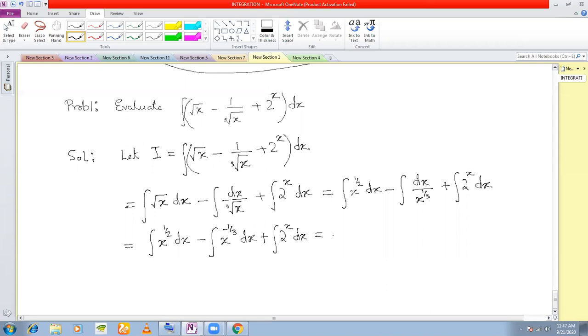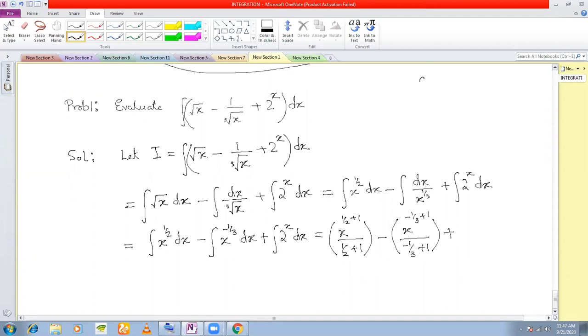Integration of x to the power of half is x to the power of half plus 1 by half plus 1, because the integration of x to the power of n is x to the power of n plus 1 by n plus 1. Minus integration of x to the power of minus 1/3 is similarly x to the power of minus 1/3 plus 1 by minus 1/3 plus 1, plus 2 to the power of x.